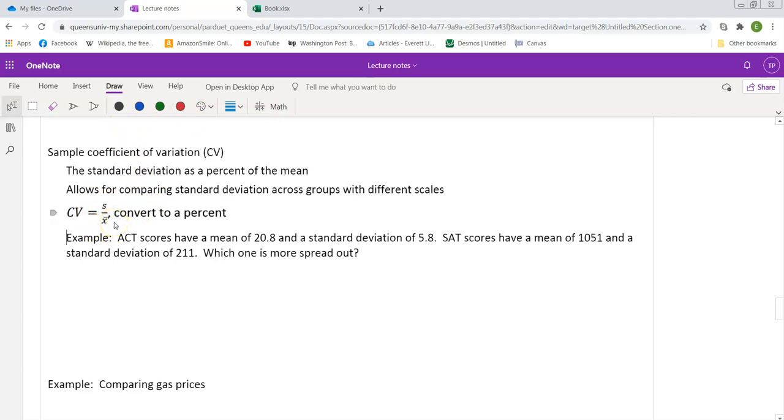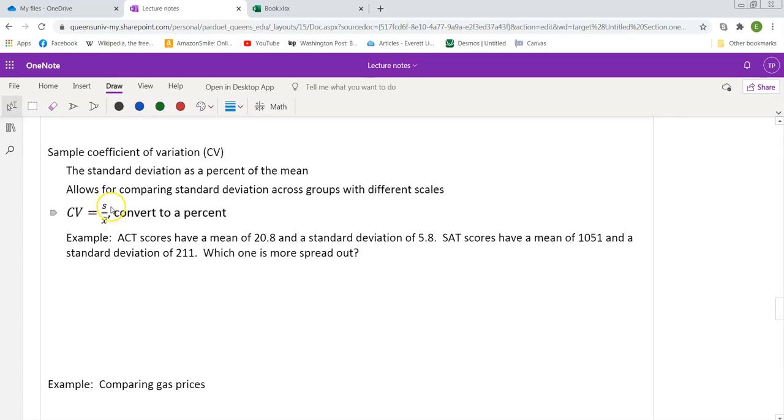It also works for the population standard deviation and the population mean. But this is what we're using it for right now. And then you convert it to a percent. The interpretation for the coefficient of variation is it's the standard deviation as a percent of the mean.